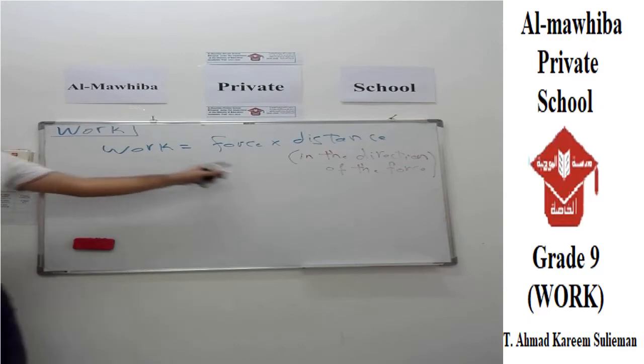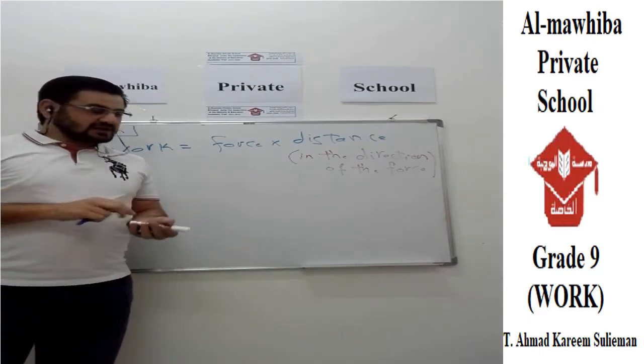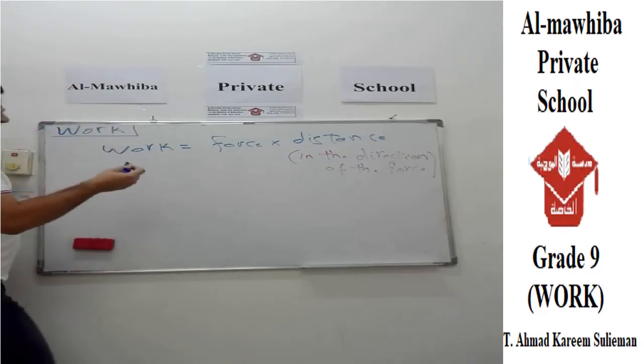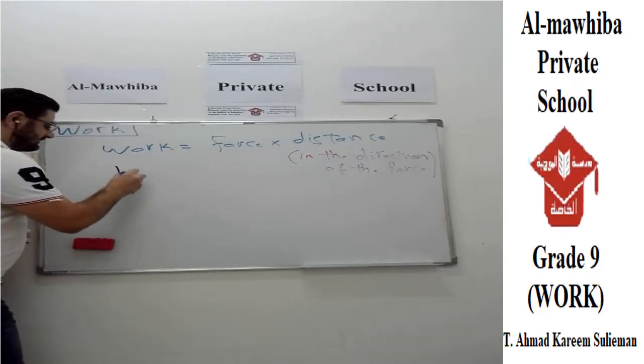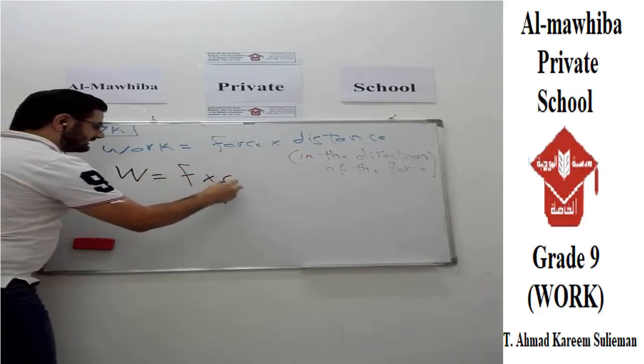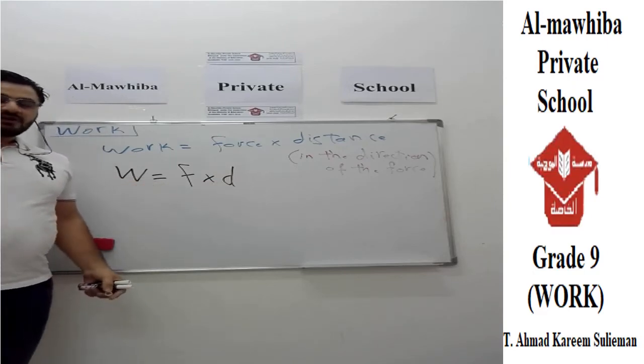Okay, so this is the formula of work, how to calculate it. If we want to write a simple formula for the work, we say W equals F multiplied by D. This is the formula for the work.